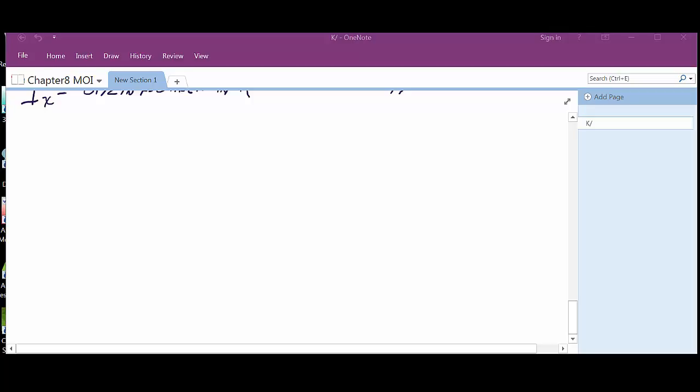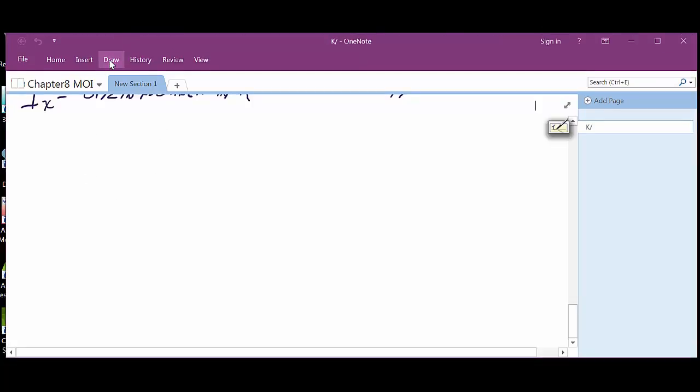The formula for that is the radius of gyration, and that's just signified by a lowercase r.